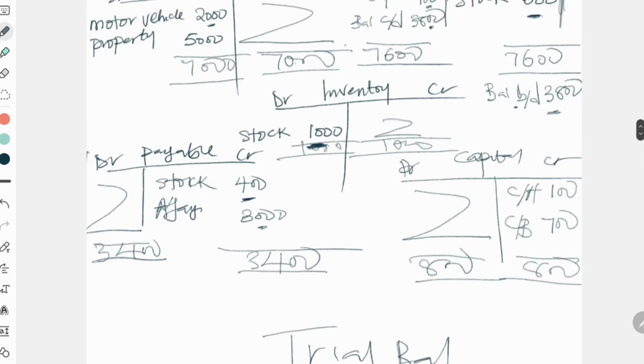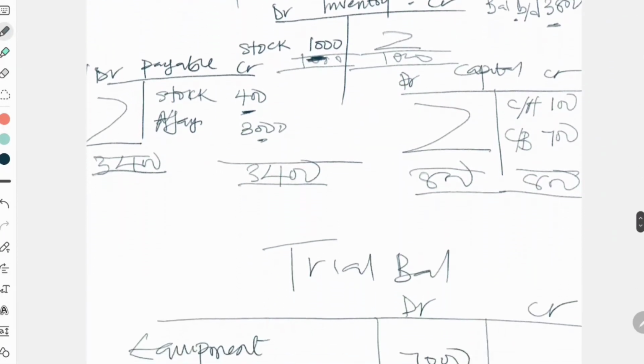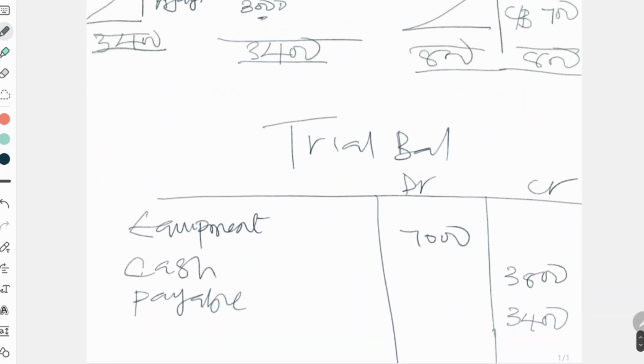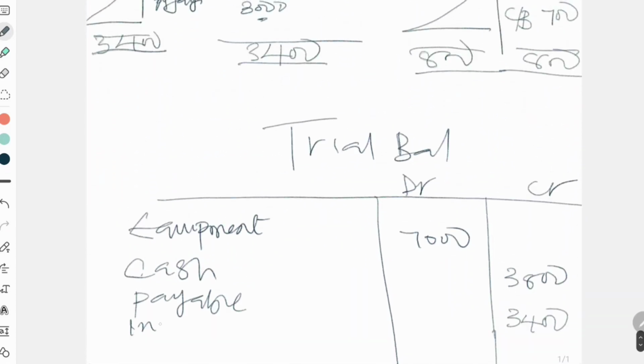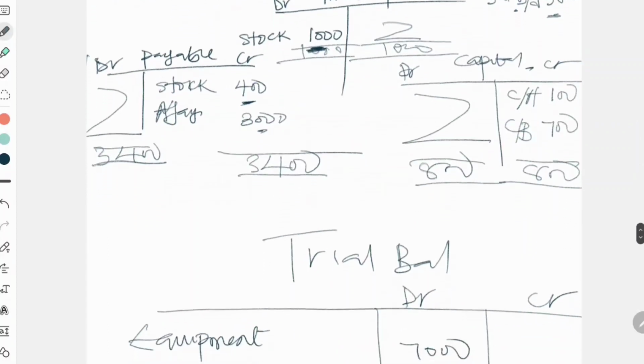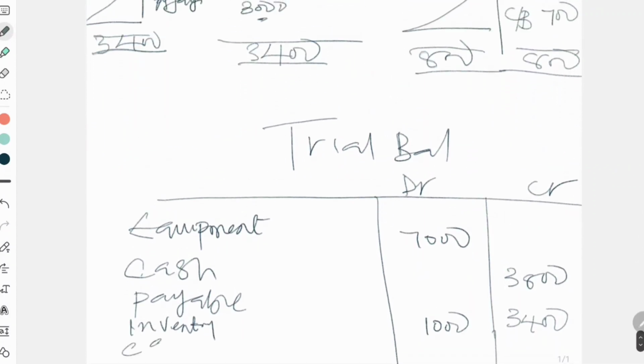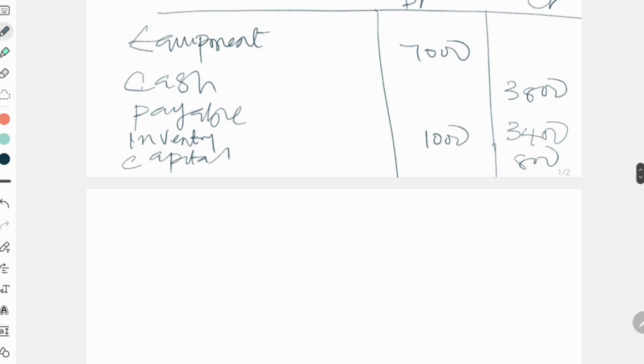And next is inventory. We have a debit balance of 1,000. Debit balance of 1,000. Sorry for the space, not much space. And finally, we have our capital account. We have a credit balance of how much? 800. Capital, 800. Okay, let's move on here.